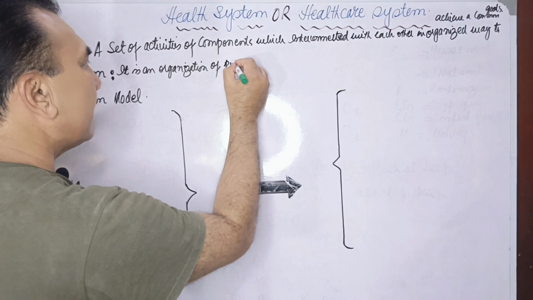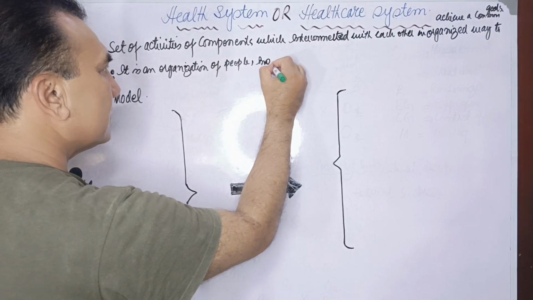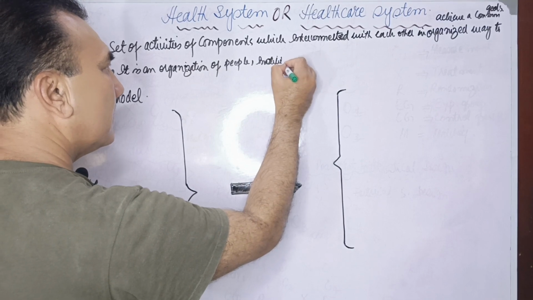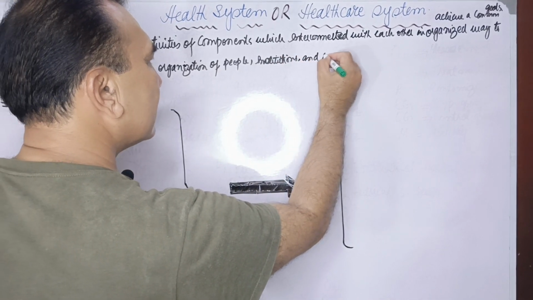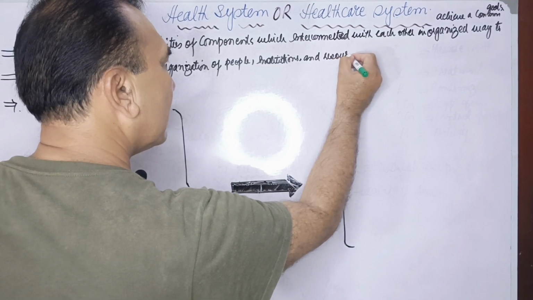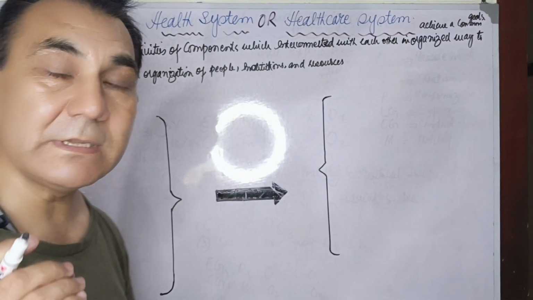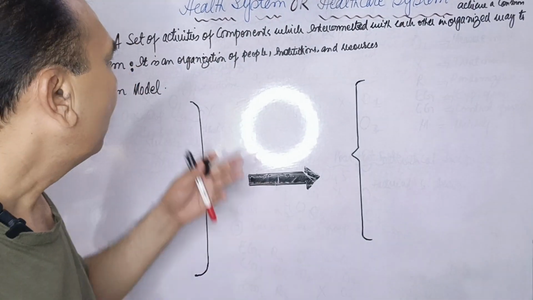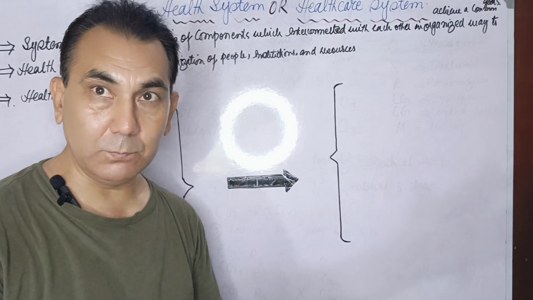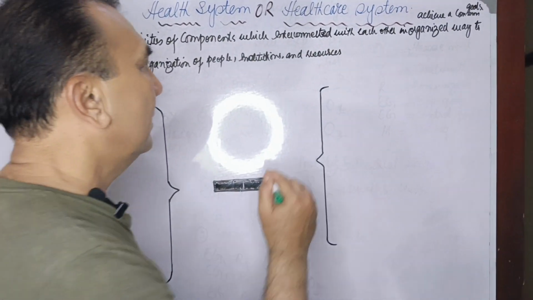The first one is people, the second is institutions, and then resources. A health system is an organization which consists of people, institutions, and resources.